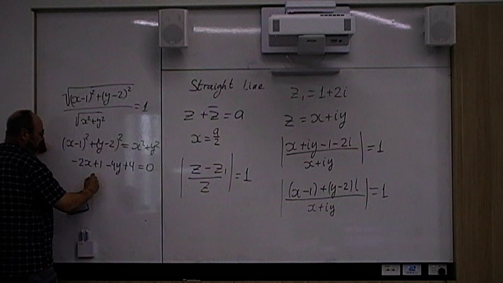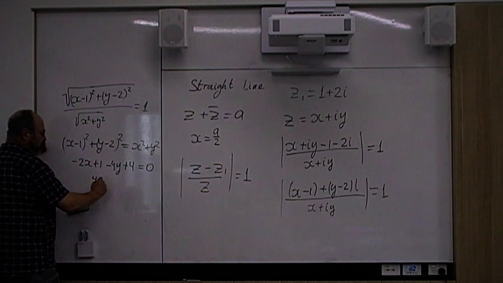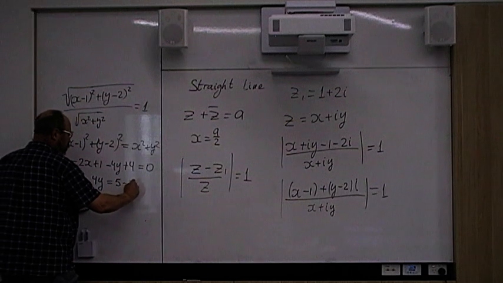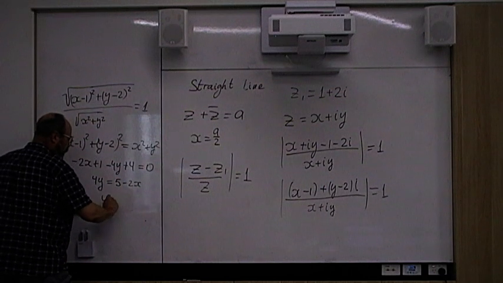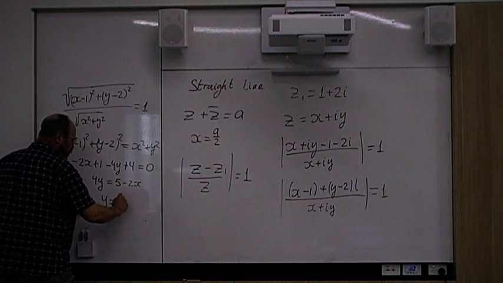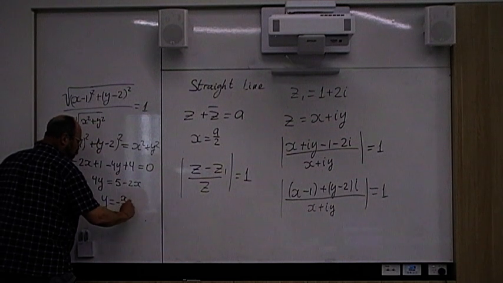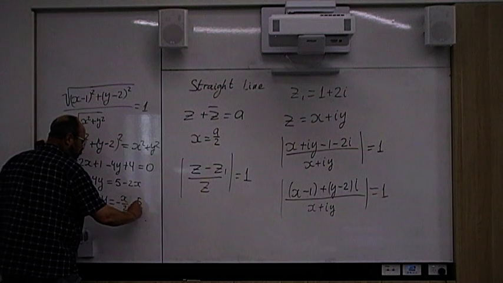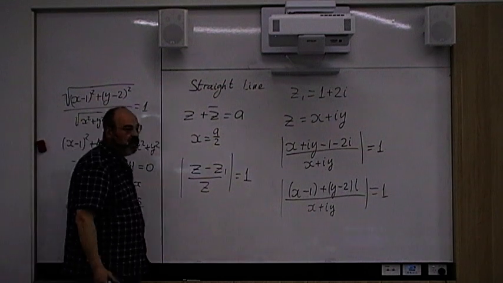So we get 4y equals 5 minus 2x, so y equals negative x on 2 plus 5 on 4, which is a straight line.